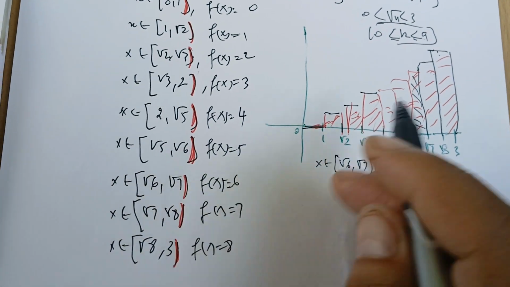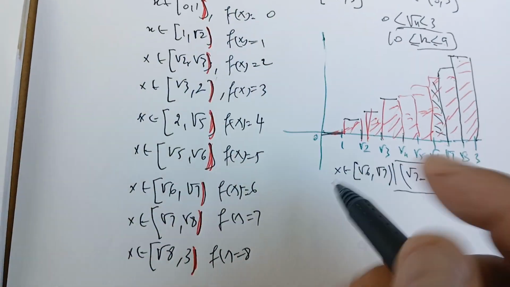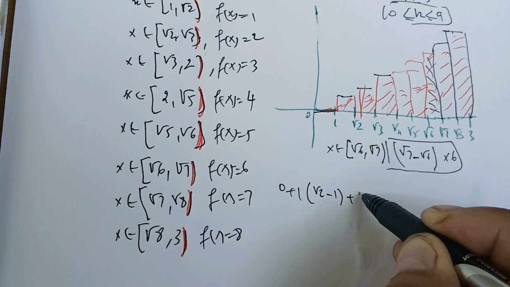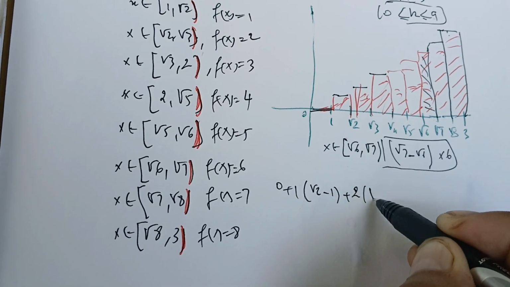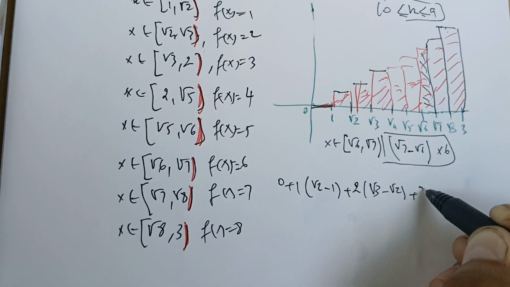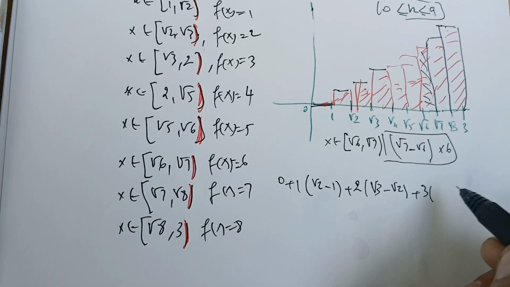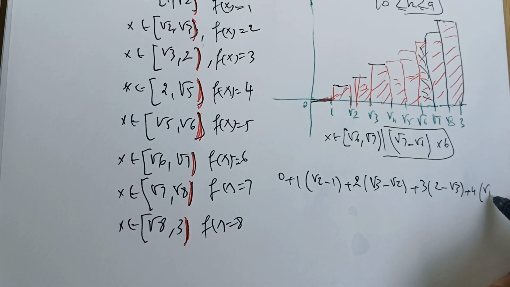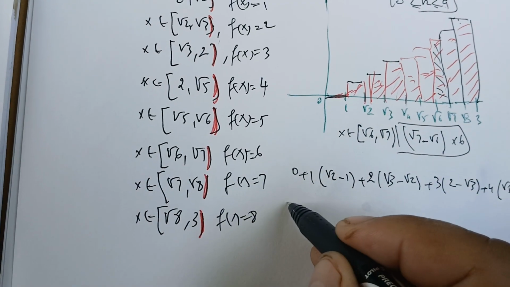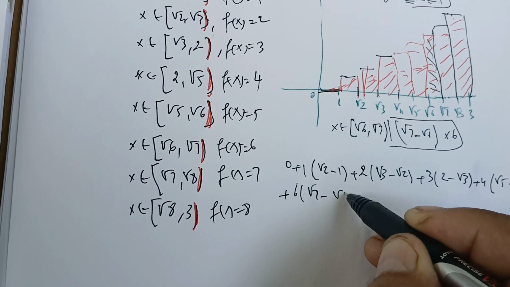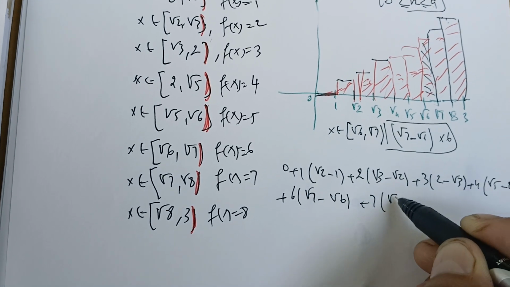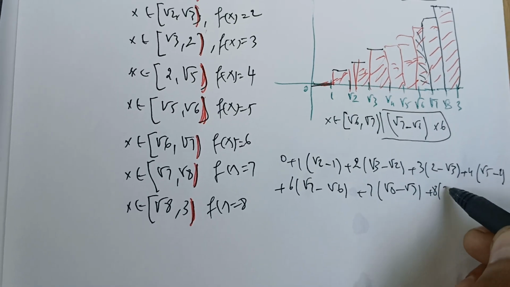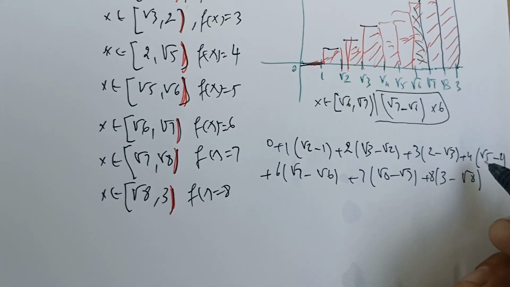If I add, I'm going to obtain 0 plus 1 times the square root of 2 minus 1, plus 2 times square root of 3 minus square root of 2, plus 3 times 2 minus square root of 3, plus 4 times the square root of 5 minus 2, plus 6 times the square root of 7 minus square root of 6, plus 7 times the square root of 8 minus square root of 7, plus 8 times 3 minus square root of 8.